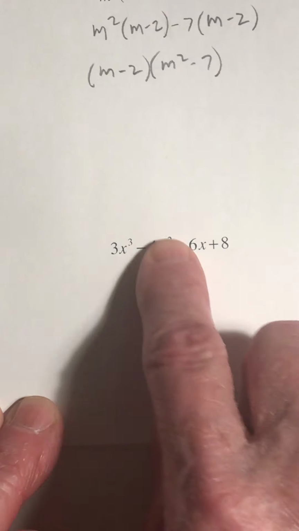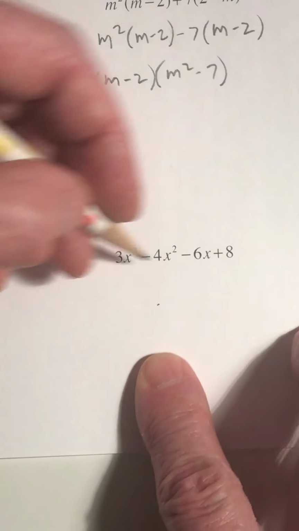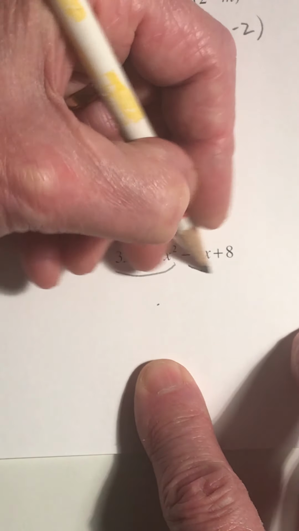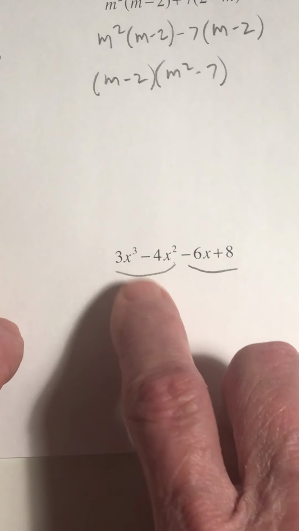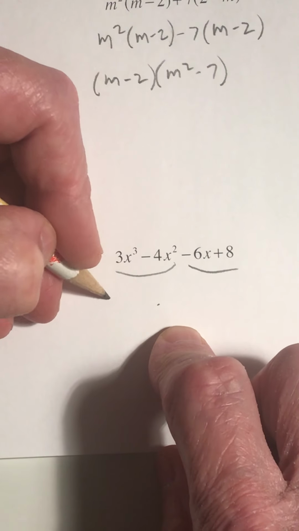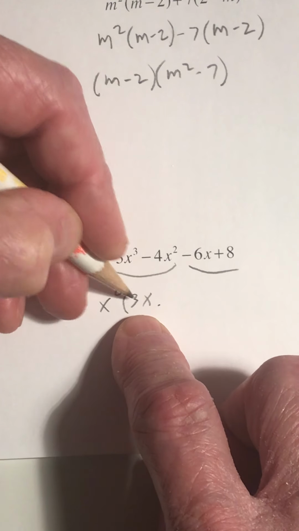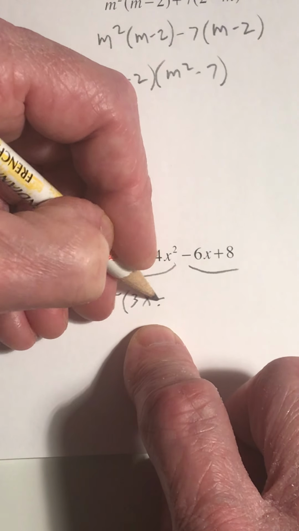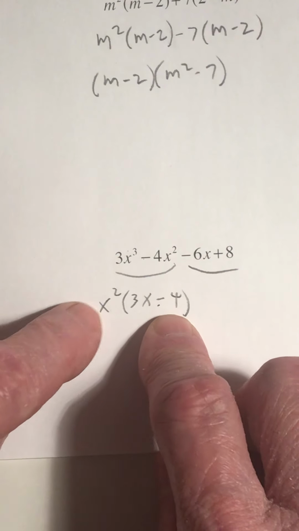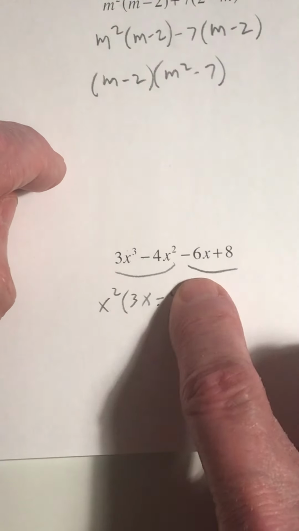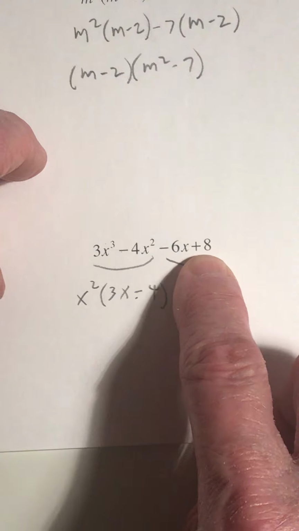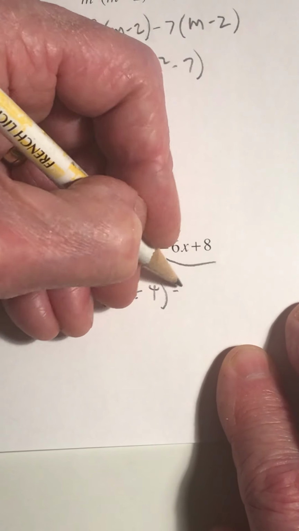No common factor across all four terms, but if I group that group of 2 and that group of 2, let's see what happens. I can factor out an x squared times 3x to make the 3x cubed, and then minus 4. There's minus 4x squared. And from these two, let me factor out a minus 2.